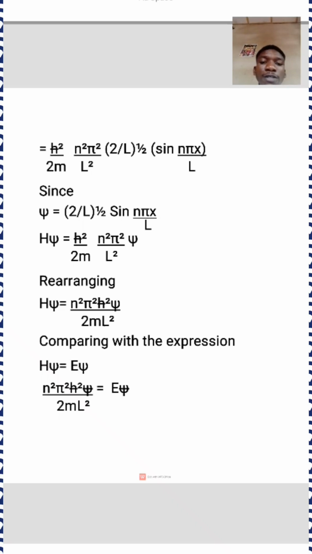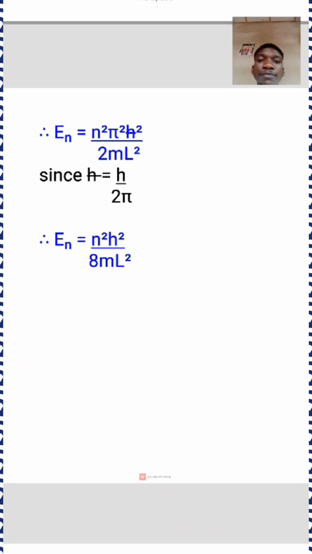When the wave function cancels the wave function, therefore En is equal to n²π²ħ²/2mL². From the expression, we can say that the total energy of the system is quantized, since we have an n term that stands for the quantum number.